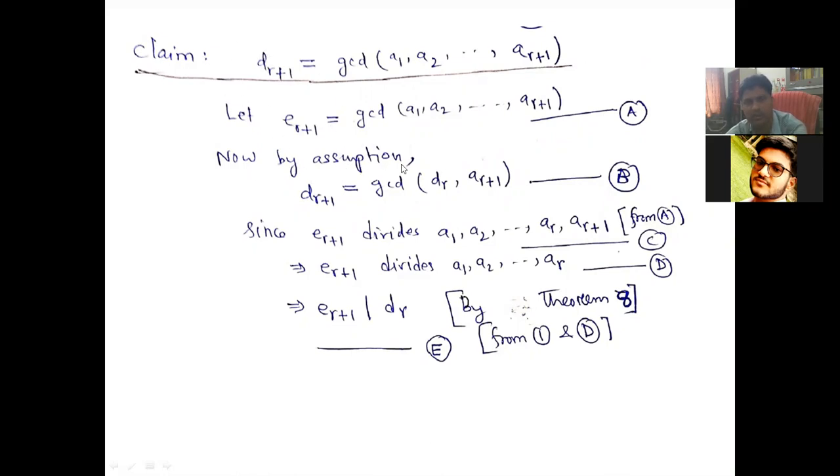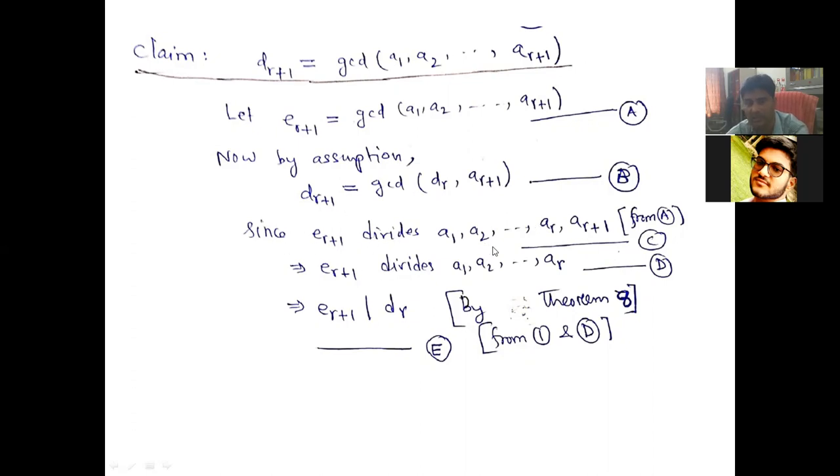Now by assumption, Dr+1 equals GCD of Dr, Ar+1. That is the given definition: Dn is defined as GCD of Dn-1 and An. So Dr+1 equals GCD of this.